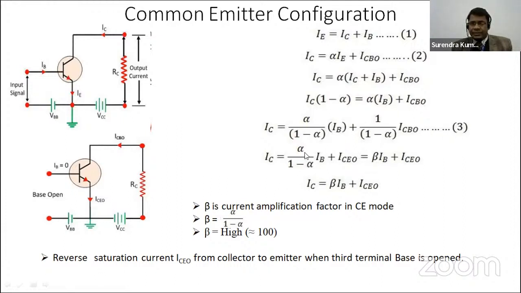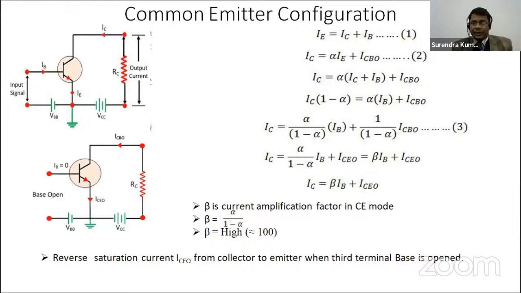And here there is a new parameter we have introduced, ICEO. This term represents the leakage current in common emitter configuration, while ICBO was the leakage current in common base configuration. Beta IB plus ICEO is the final expression of the collector current equation.